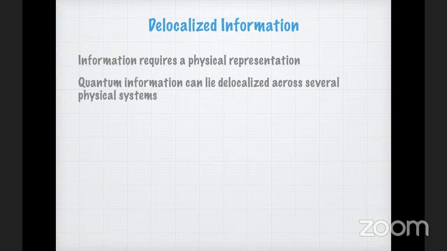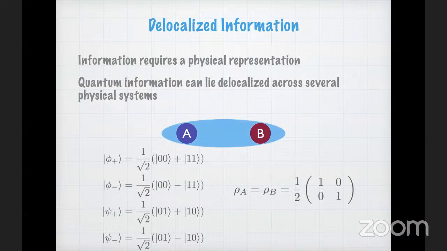Okay, so this is of course something that is familiar to everybody. In the prototypical example of a Bell state, whatever we know or whatever we can define as information about the state lies delocalized across the two qubits that are part of the Bell state.